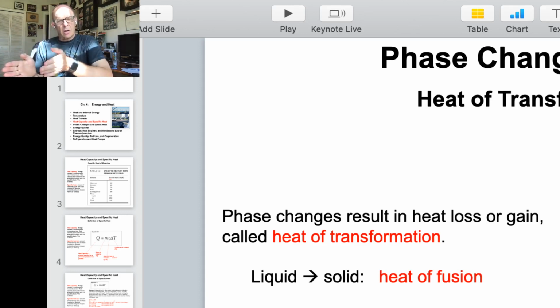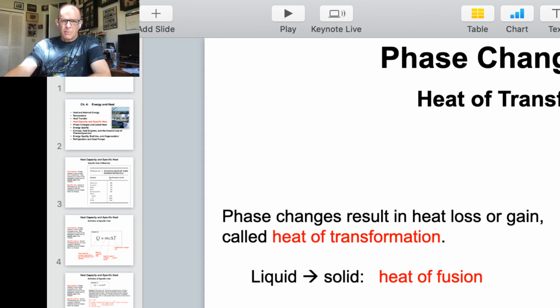And there's the heat of vaporization, which is the energy involved in the transformation from liquid to steam or vice versa. Those two amounts of energy are called latent heat of transformation, and they are numbers that you look up.